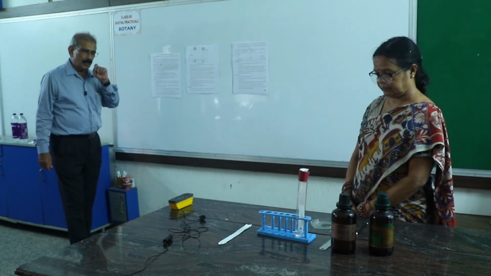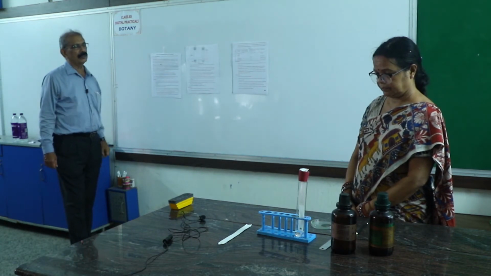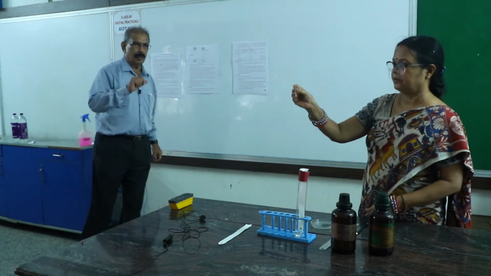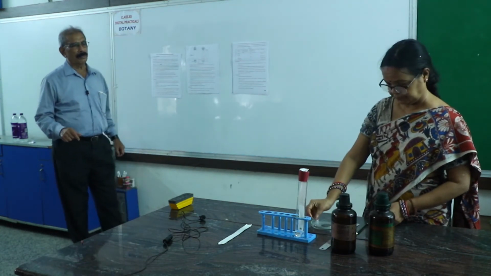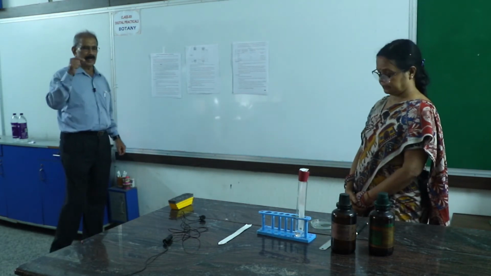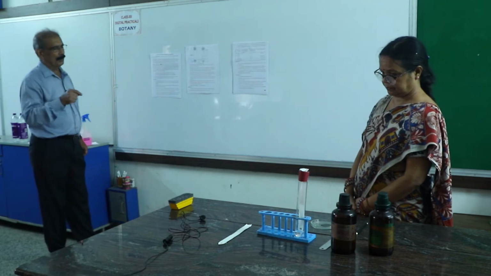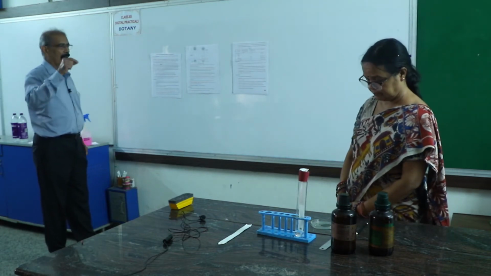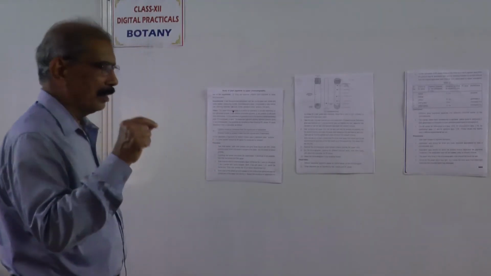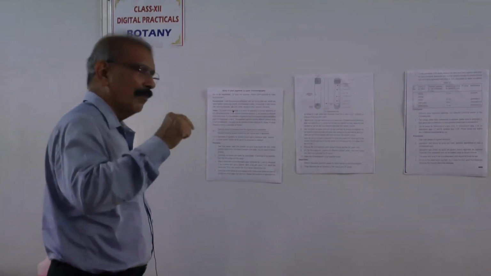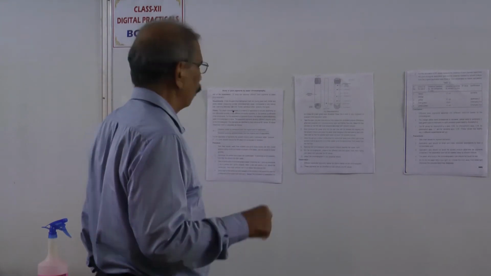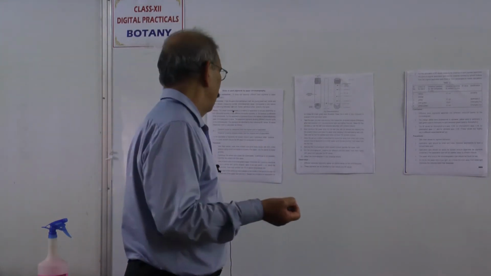Give a fine spot, a small spot at the center of that narrow tube. Dip that tube in the extract and at the center of the paper give a mark, a spot, repeatedly in this way. Give the spot with a micropipette or a fine nozzle.